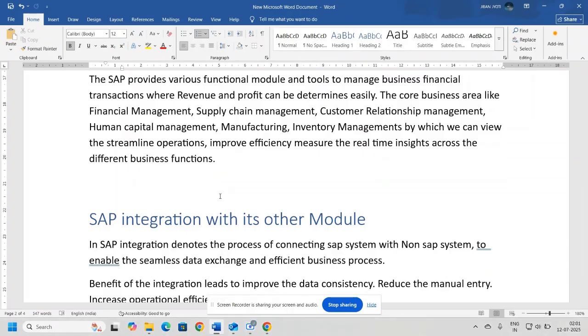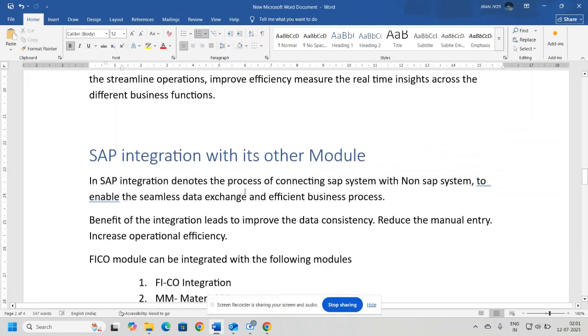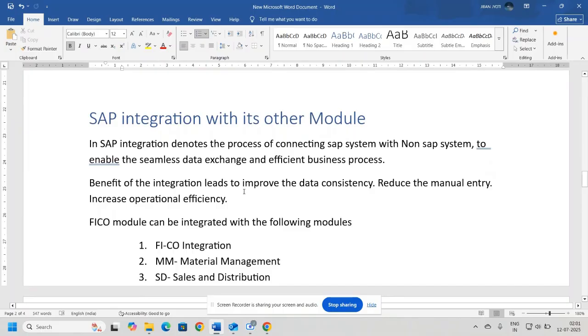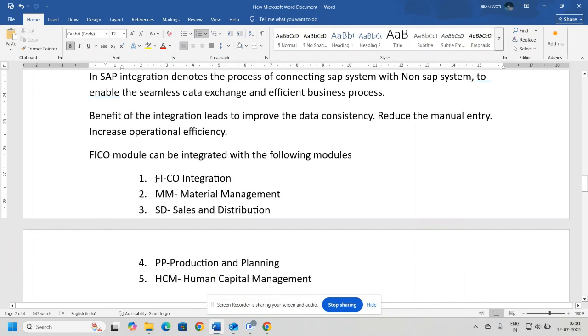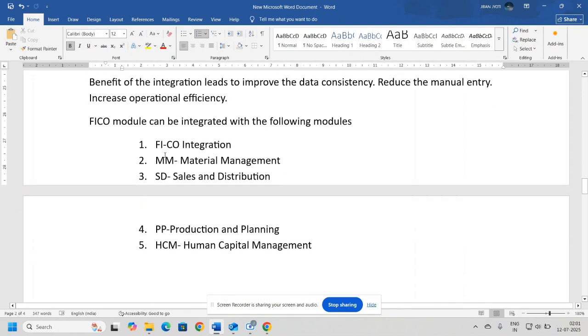So let's understand. We will have a look at the integration with other modules. As I told you, one of the modules of SAP is FICO. Let's have a look at the other modules. What other modules are being addressed by the SAP company? As you can see here, the FICO module is one of the most demanded modules in the market, where companies are using it very aggressively.